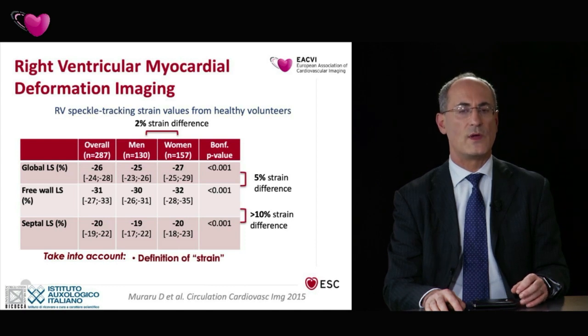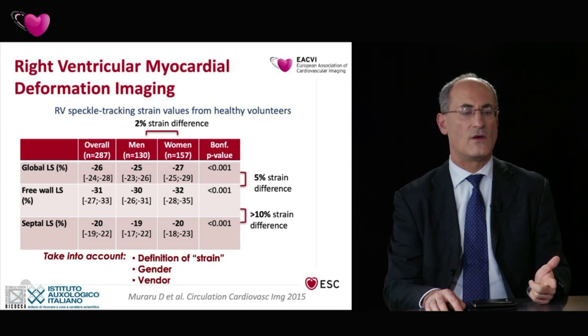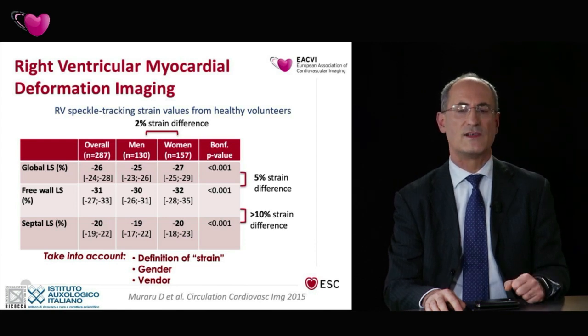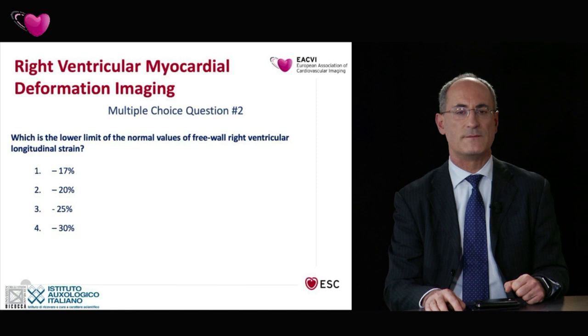When we try to define if it is normal or abnormal, we have to pay attention to how we have measured the strain, the gender of our patients, and also the vendor, unless we have a specific software for measuring the deformation, as we will see.